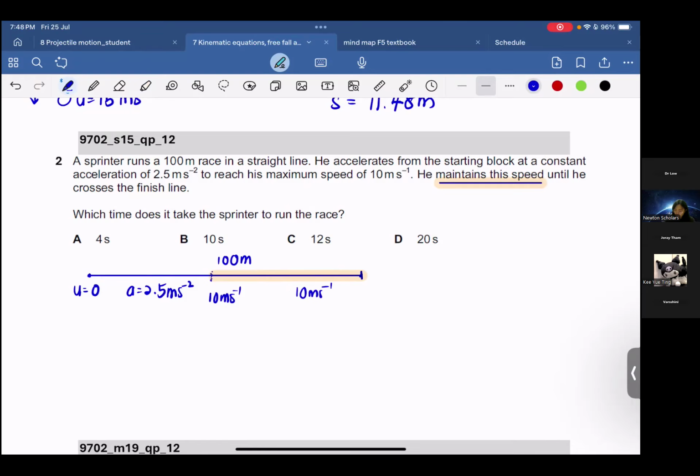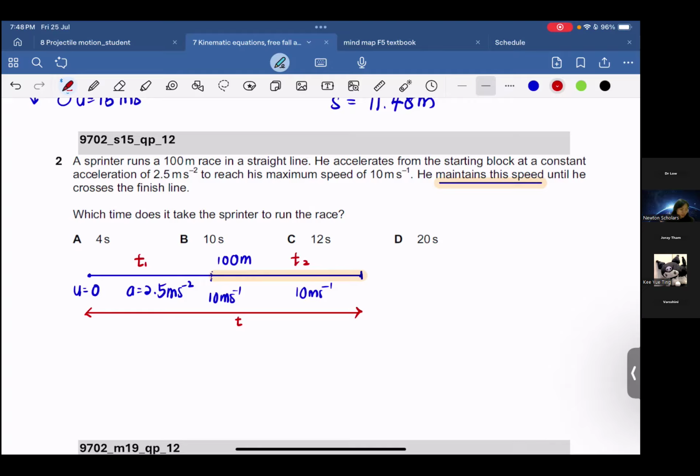They want to know the total time, from here to here. For this question, you have to solve by dividing into two parts. You have to count what is your T1, what is your T2, then you add them up together.